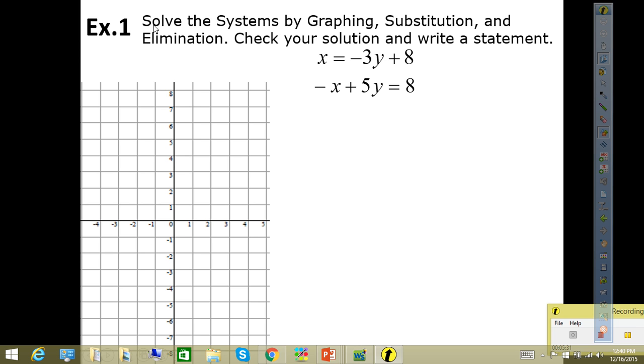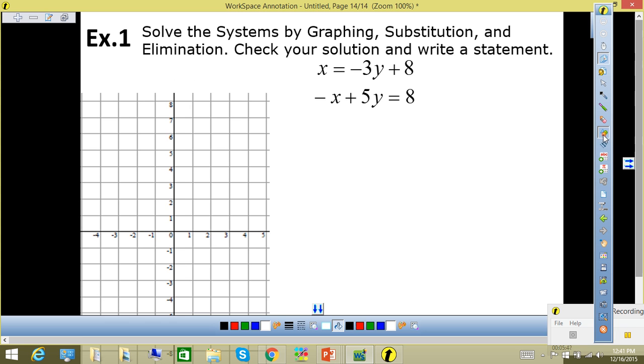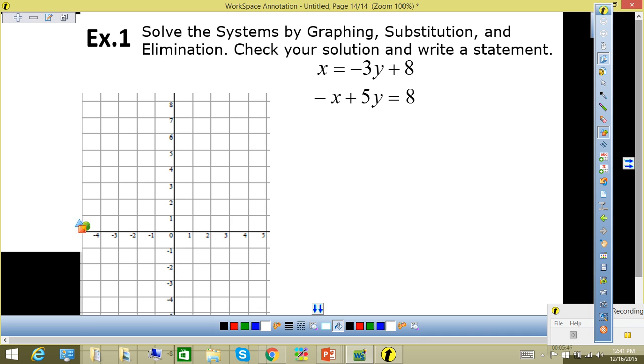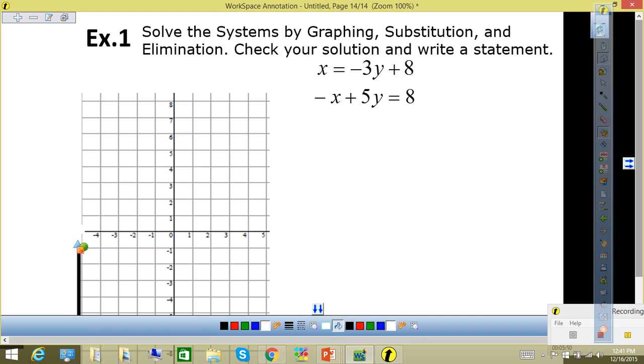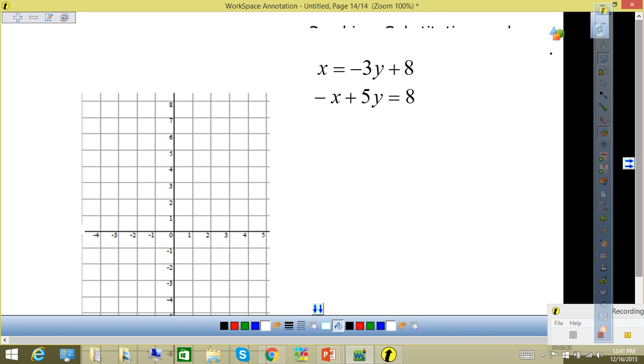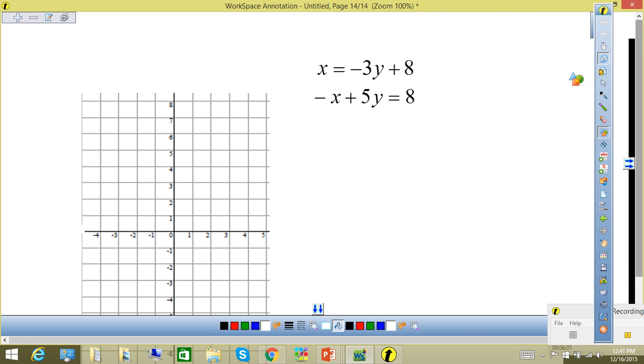So, I'm going to erase this so I can make some room so I can replicate what you have on yours, okay?